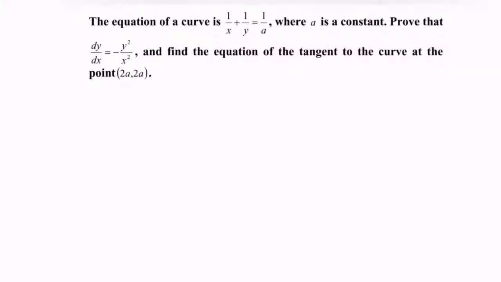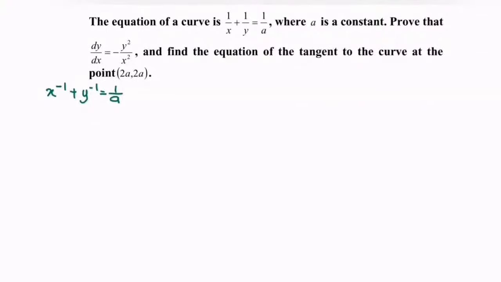In this video, I'm going to discuss the example for differentiation. Given the equation of a curve is 1 over x, where I'm going to modify the situation where we have x to the power negative 1 plus 1 over y, which will be y to the power negative 1, equals 1 over a, where a is a constant. Prove that the first derivative is equal to negative y squared over x squared.